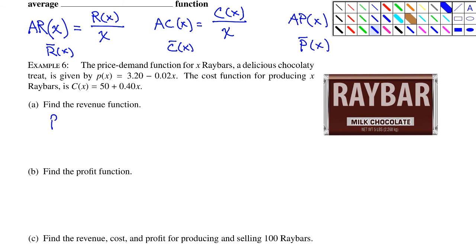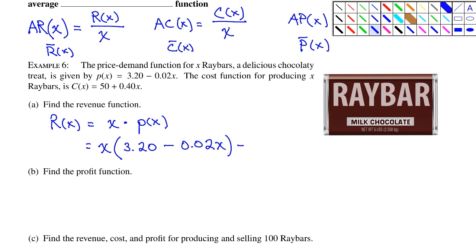So revenue, R of X, is equal to X times little p of X. And our little p of X is the price demand function. So in this case, it's 3.20 minus 0.02X. And that's equal to 3.2X minus 0.02X squared.